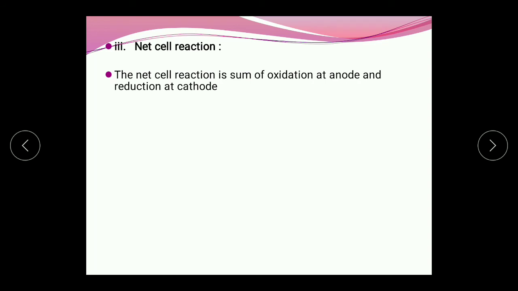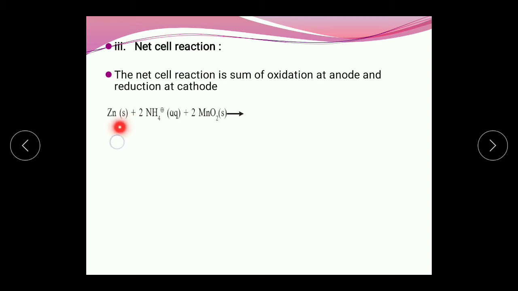So to the left side we are going to add Zn only, and to the right side we are going to add Zn2+. The 2 electrons from cathode and 2 electrons from anode are cancelled, and hence the net cell reaction will be, on the left, Zn plus 2 NH4+ plus 2 MnO2.